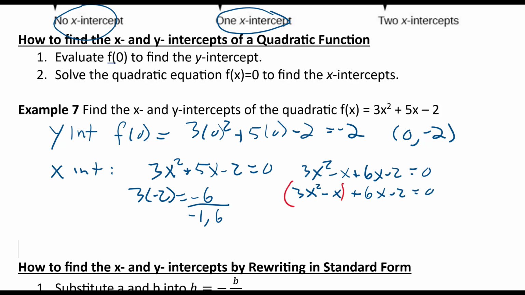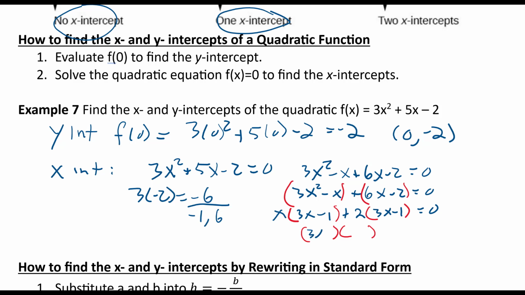So these group together, these group together. I like to use blue. So we can pull out an x out of the first pair, so we have 3x plus 1. Pull out a negative 2 out of the second pair, 3x plus 1 equals 0.